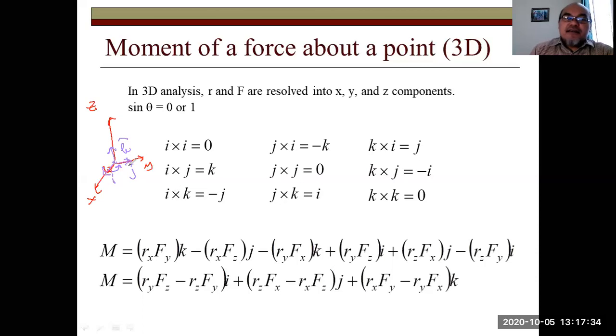When i cross k, let me draw with a different color. The direction is from the x-axis towards the z-axis. Using the right-hand rule, the result will be in the negative y-axis, or negative j. Yeah, this one.